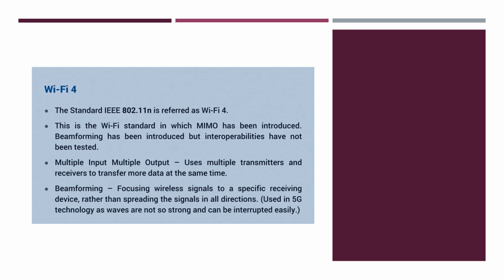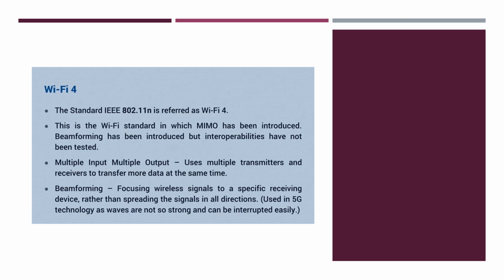Next is Wi-Fi 4. The standard 802.11n is referred to as Wi-Fi 4. In this Wi-Fi standard, MIMO and beamforming have been introduced, but the interoperabilities have not been tested. What is MIMO? MIMO is multiple input, multiple output.